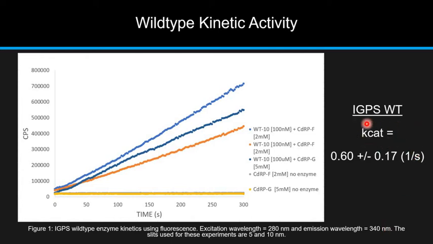The kcat represents the number of substrate molecules each enzyme converts to product per unit time. This enzyme, IGPS wild type, was found to have a kcat of 0.6 plus or minus 0.17 per second. Using this kcat as reference, I attempted to characterize the mutations in the same manner.